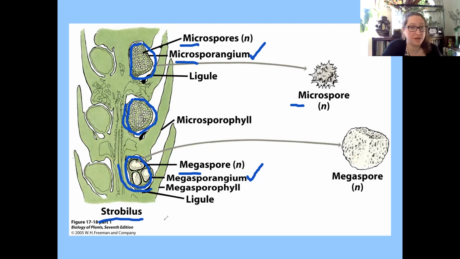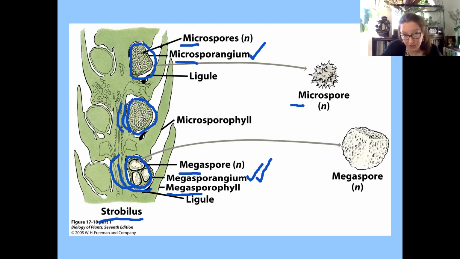And because we love naming things in the plant world, because this sporangium has megaspores inside, we call it a megasporangium. We can call the leaf that it's attached to a megasporophyll. These terms will repeat. I'm just giving them to you today for the first time so they can simmer in your brain.